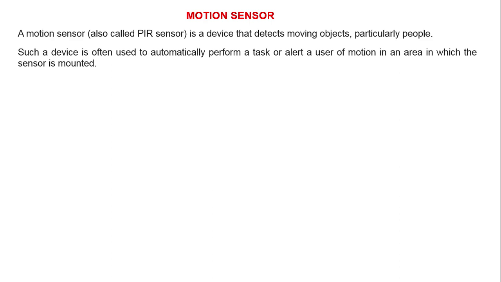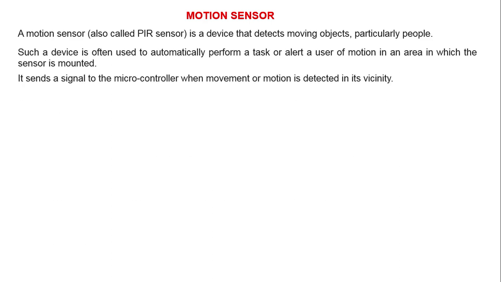For example, if I mount a sensor in my room or in a jewelry shop, then after closing the jewelry shop, if any motion, particularly of people, is detected in the vicinity of that sensor, the output is indicated either by an LED, a buzzer, or any wireless device that can send the signal to the destination to show that someone is inside the jewelry shop.